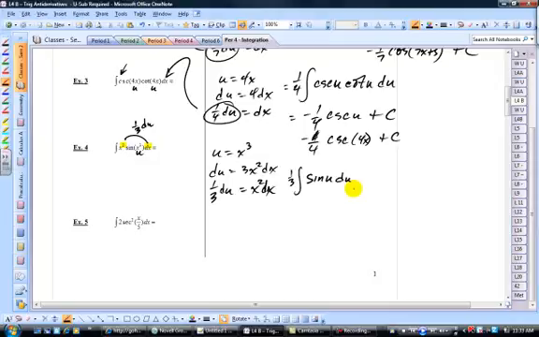Negative cosine. So this is equal to negative 1/3 cosine of u, but u is x cubed, so skip a step, plus c. Who got it right? Who's already skipping that step? Instead of writing in terms of u, you're just bringing back the x's all the time. Okay. As you get more and more experience, you're going to be skipping more and more steps. So just be careful and check your work as you go.